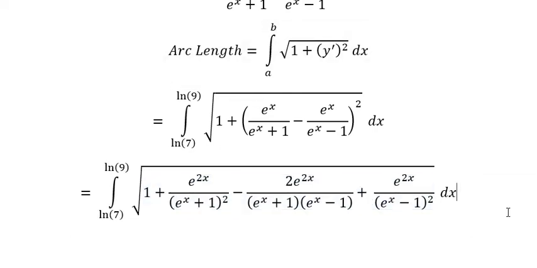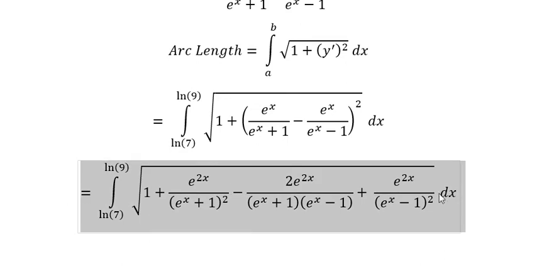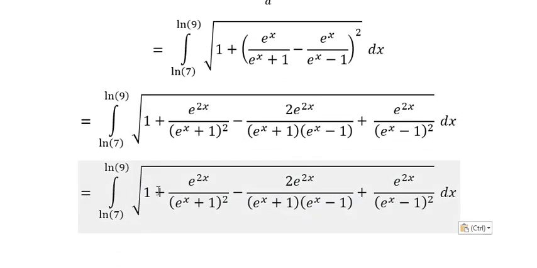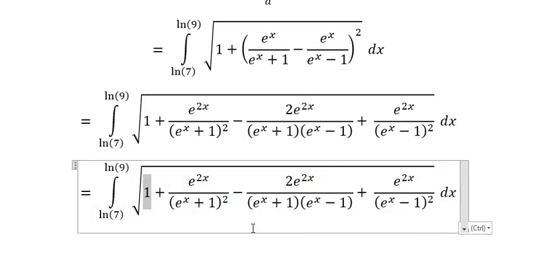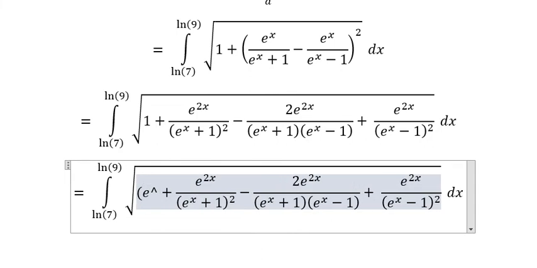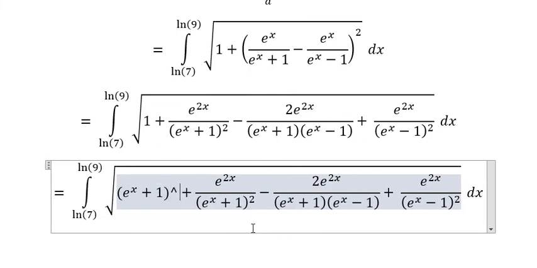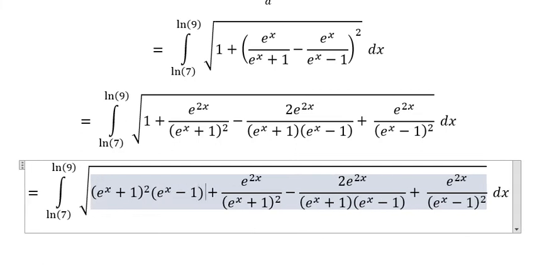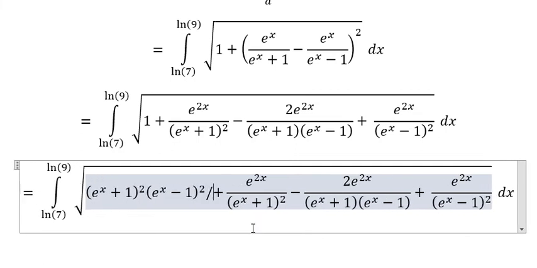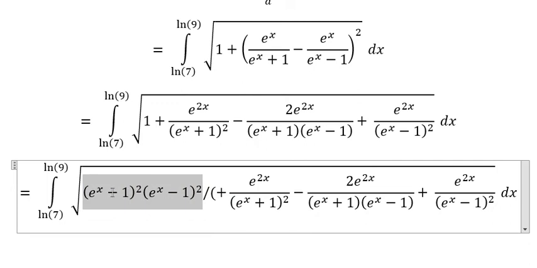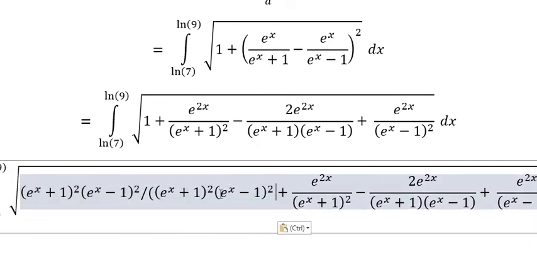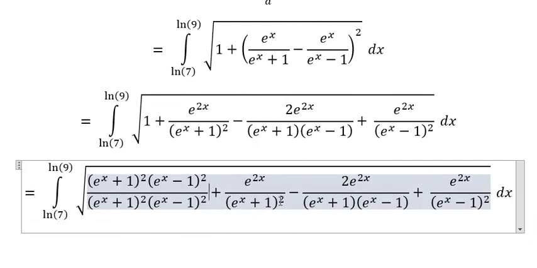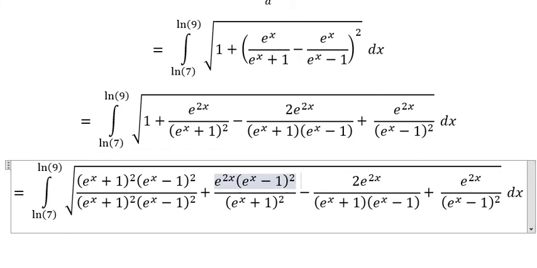Next, we do common denominator. So number 1, we can change by e to the power of s plus 1 to the power of 2, and we have e to the power of s minus 1 to the power of 2 in here. So this one we can multiply by e to the power of s minus 1 to the power of 2.